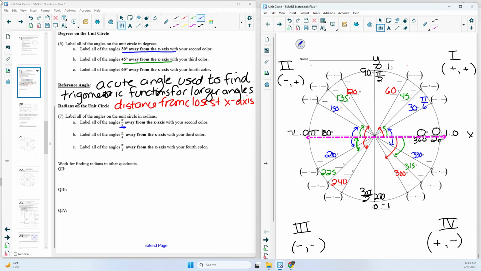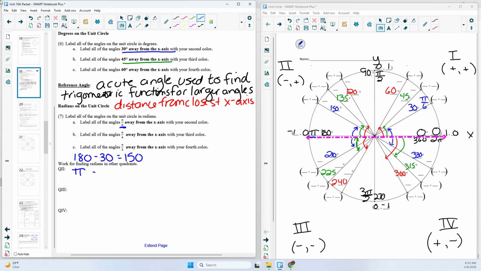So the way we do this, and I'm going to do an example over here. When I'm working from quadrant 2, I'm saying how far away am I from pi, right? Because quadrant 2, we're measuring from pi. And if I'm going into quadrant 2, I have to subtract my angle. So this is just like we did 180 minus 30 to get the 150.